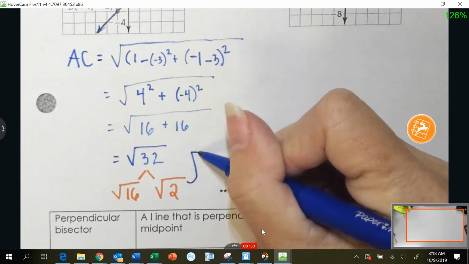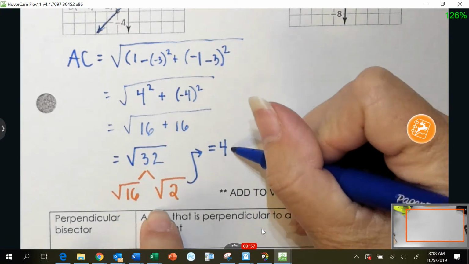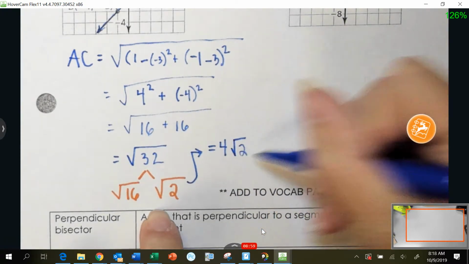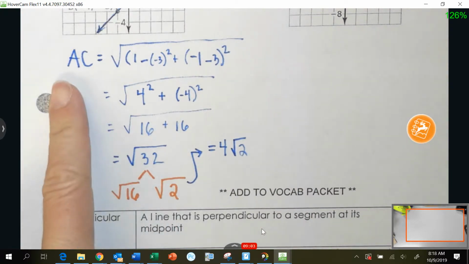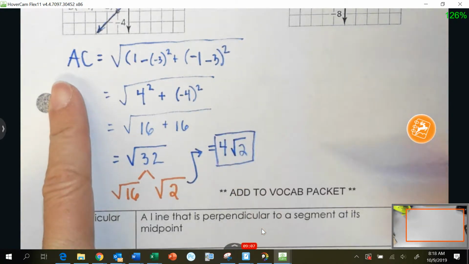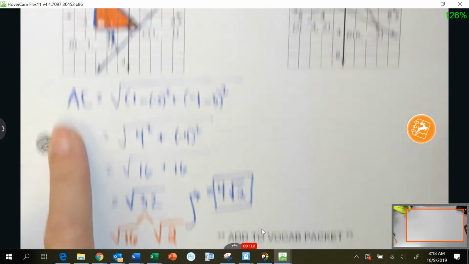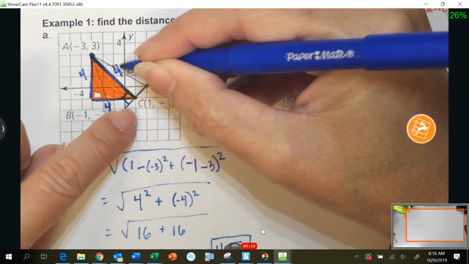What is the square root of 16? 4. And then the square root of 2 I cannot do anything with. Square root 2. So the distance of AC is 4 square root 2. So the distance from the point to the line is 4 square root 2.